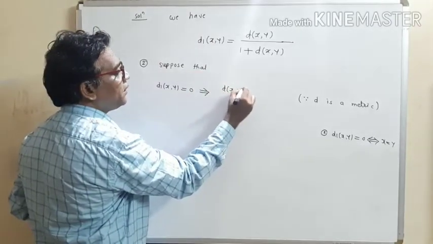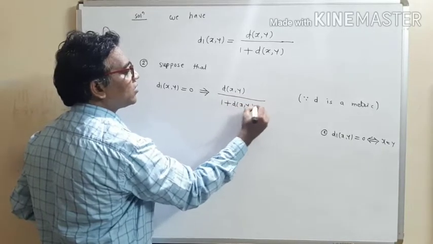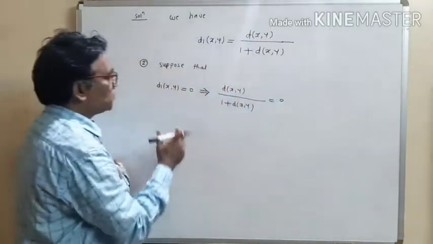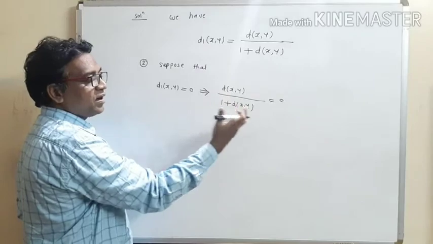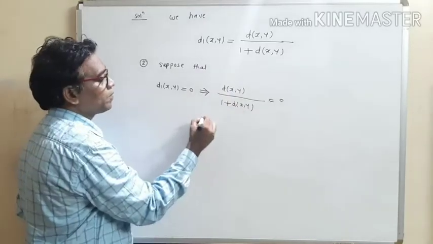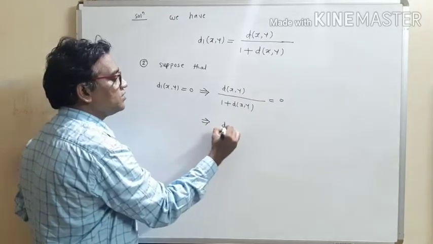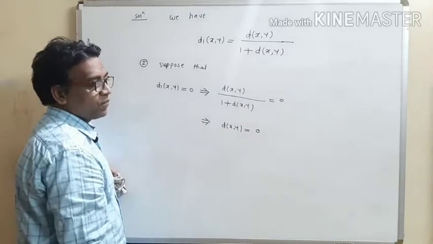This is d(x,y) divided by 1 plus d(x,y), and this is equal to 0. Just put the value for d1(x,y), given by d(x,y) divided by 1 plus d(x,y). So this implies, just cross-multiply, that we get d(x,y) equal to 0.